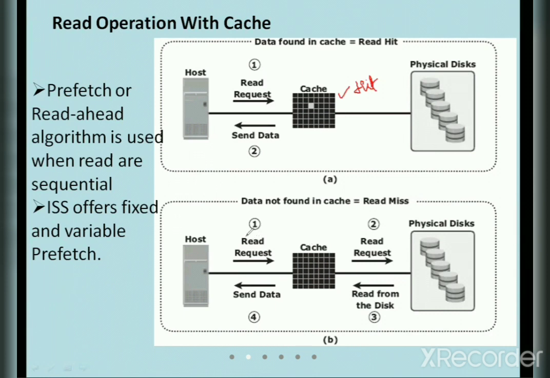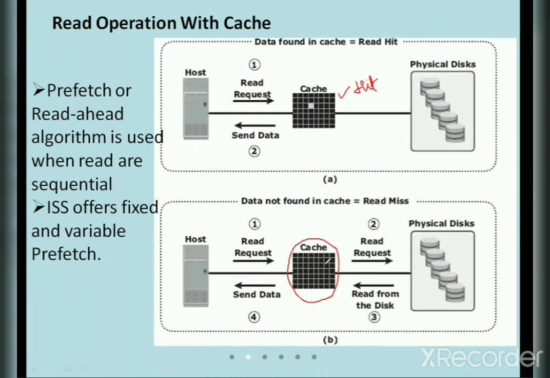In the second case, you can see the host is requesting data and it is not available in the cache. The cache is something like the recently used list whenever you open any page: you go, you click on that one, and you get it. Like that it acts over there.